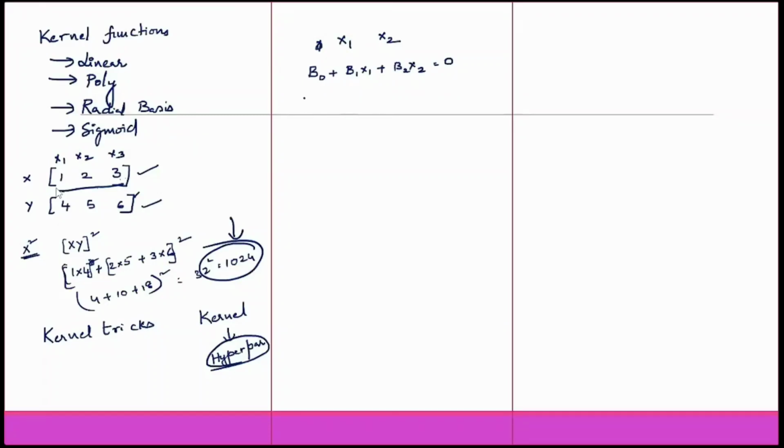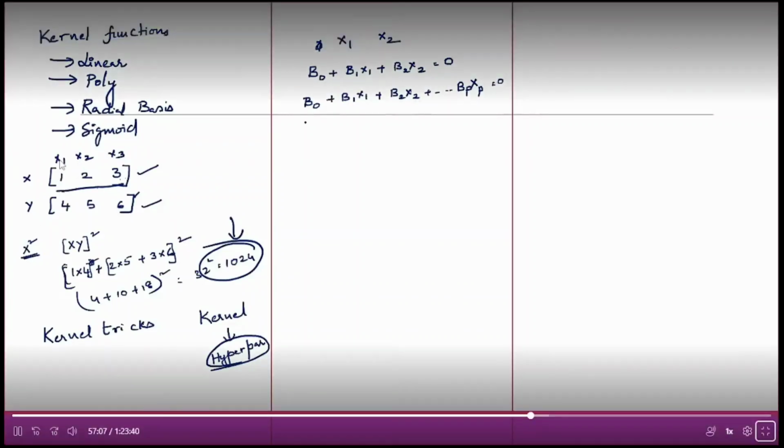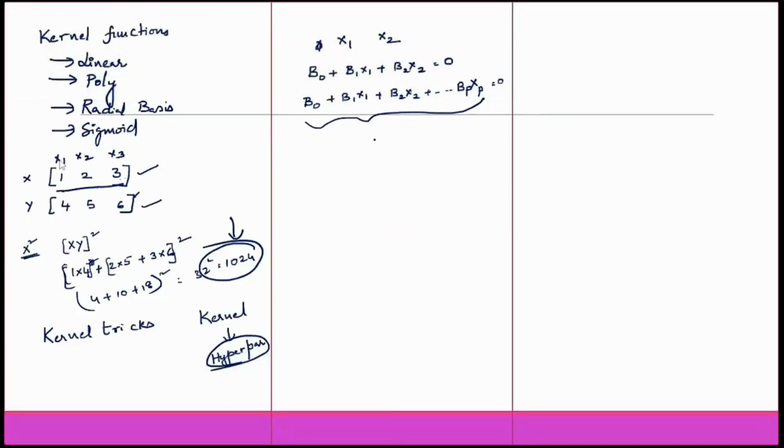But if I am talking about p-dimensional data, then I would have simply written b1x1 plus b2x2 and so on up to bpxp equal to 0. Now, if this entire value is greater than 0, I will put it into one group. And if this value is less than 0, that is the separation that comes up, I will put it into the other group.